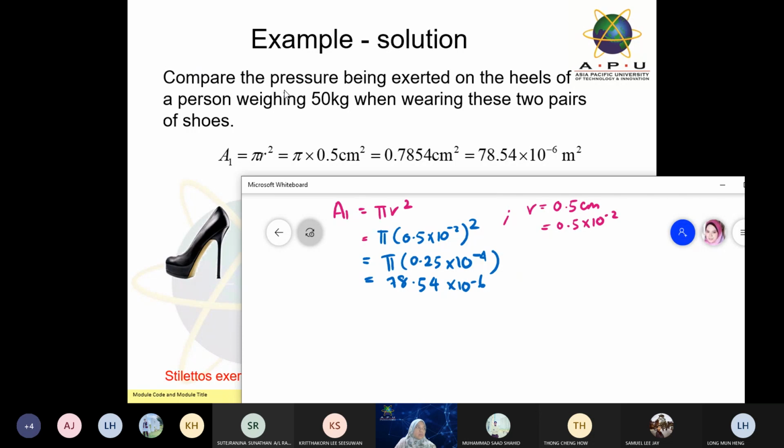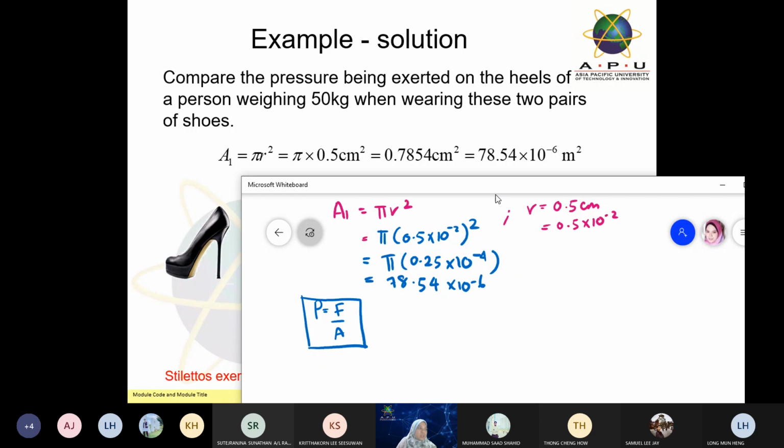Compare the pressure being exerted by the wheel of 50 kilogram. The 50 kilogram must be converted. P equals F per A, the formula. This one is not F, this one is mass.